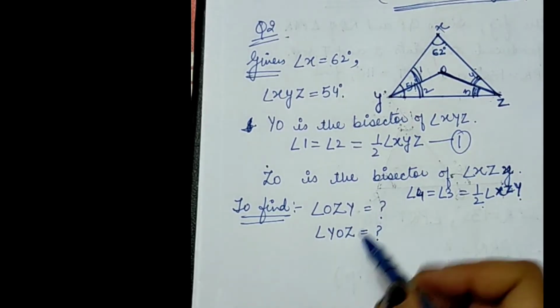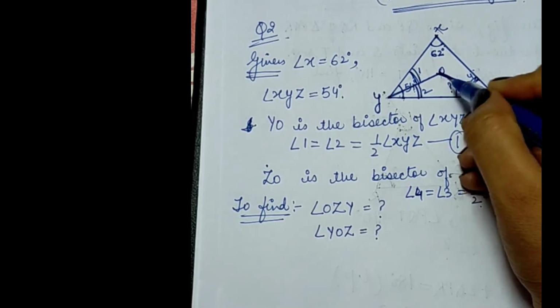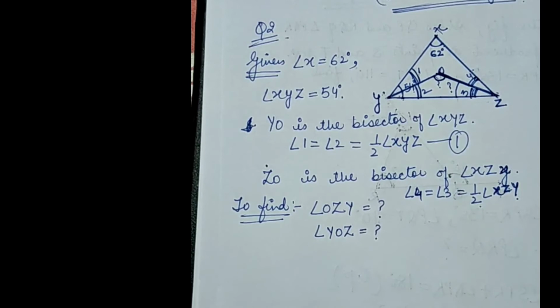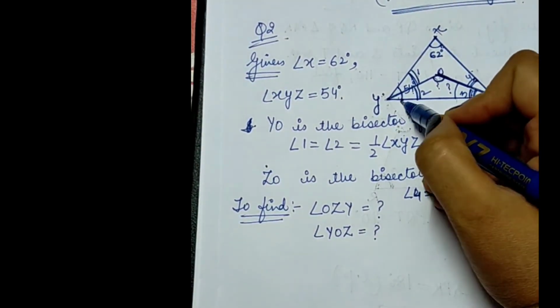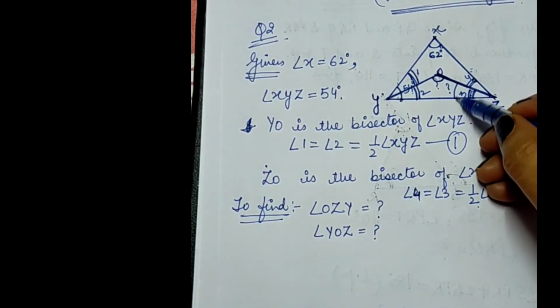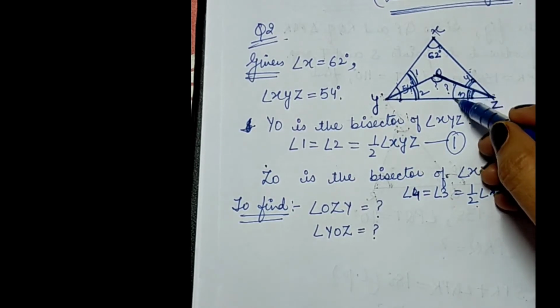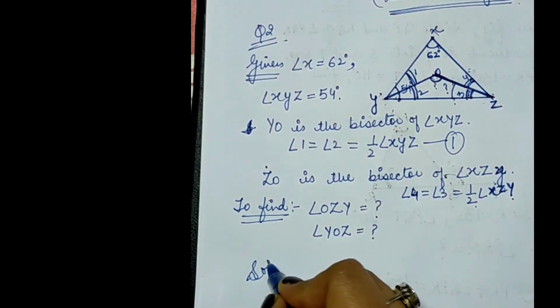So we have to find out OZY, that means this angle, and YOZ. These two angles we have to find out. So first of all, we have been given x and y. That means we can find out angle z. After finding angle z, we can take half of it, because we need to find out angle 3 here. So let's solve it now.